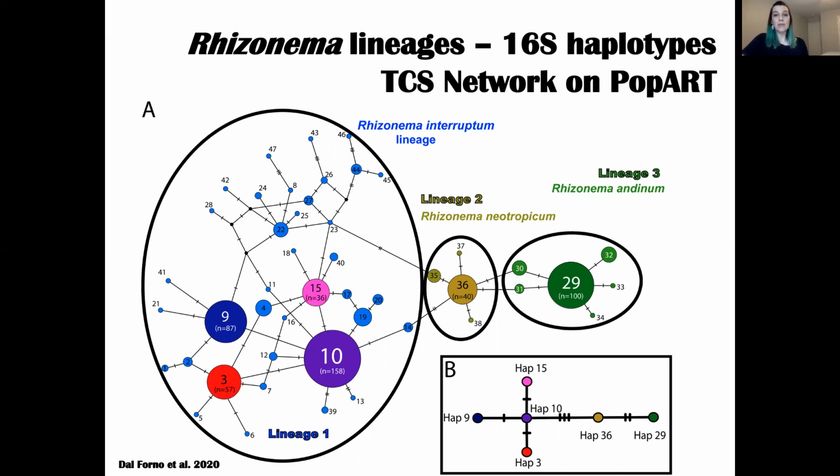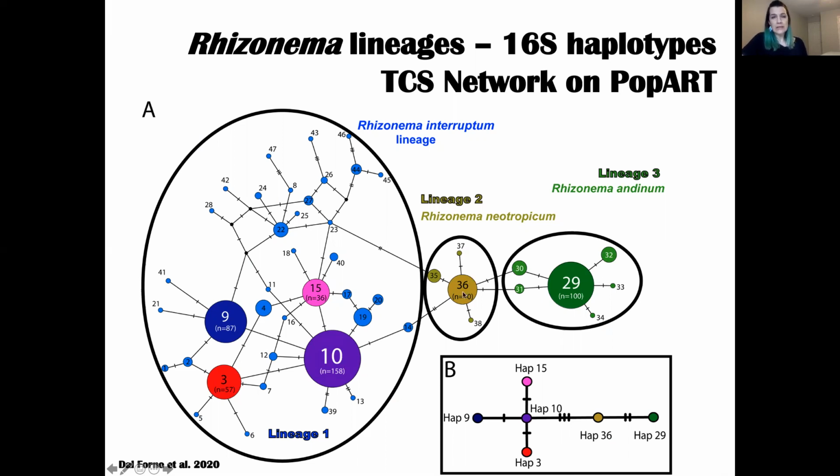Again, going back to networks is also nice because it accounts for the frequency of each one of these haplotypes. And we can see that these larger circles mean that there are more haplotypes in our sampling. And we found 3 putative species here, 2 monophyletic ones.